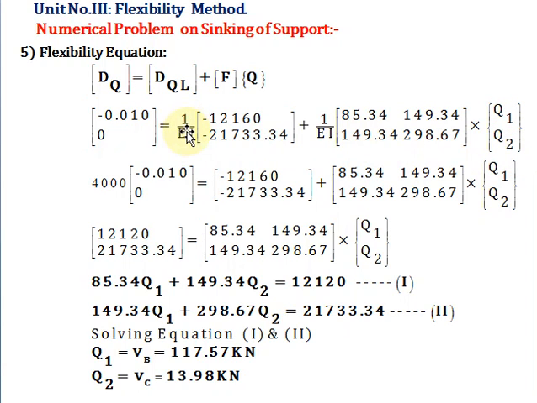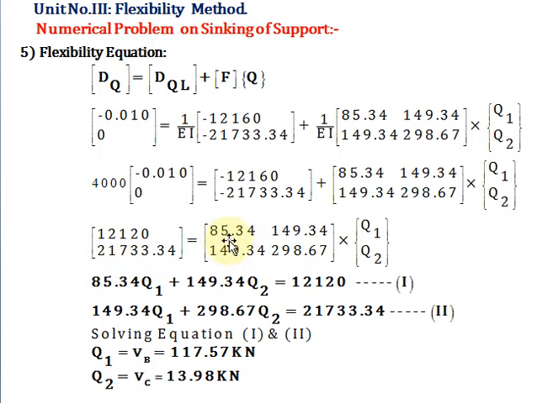Now here the value of EI is given, that is 4000, so we multiply by 4000. By multiplying it and taking this DQL on the other side of the equal sign, we get the values 12120 and 21733.34.